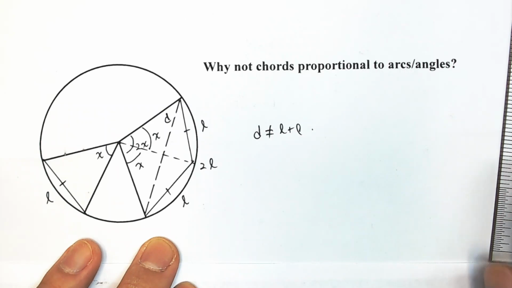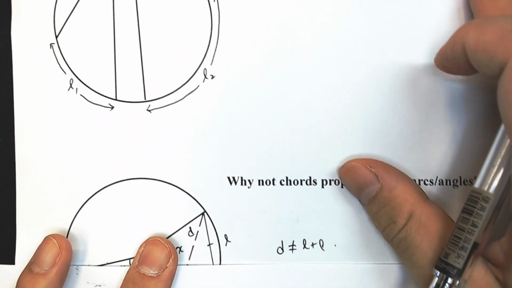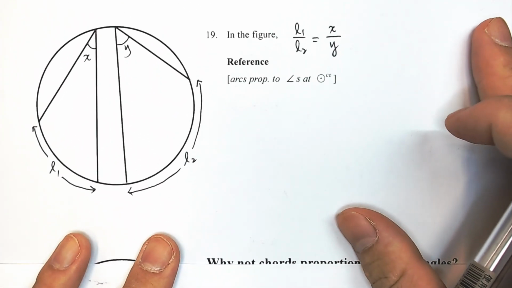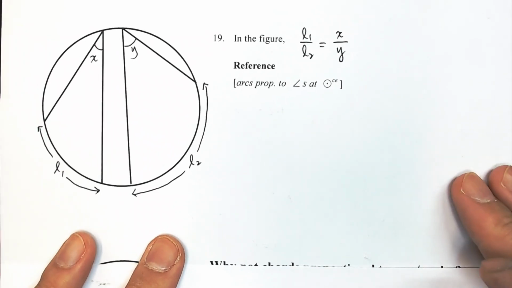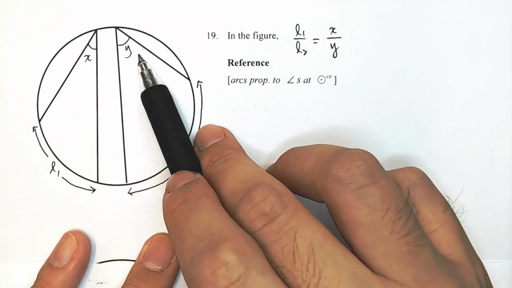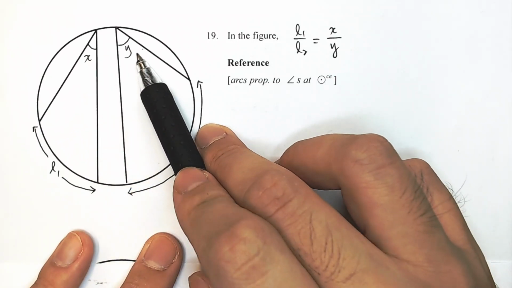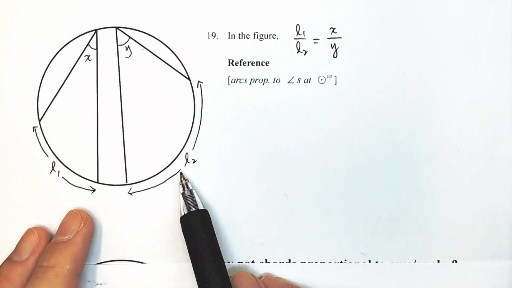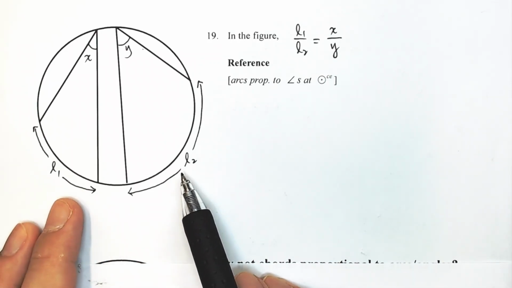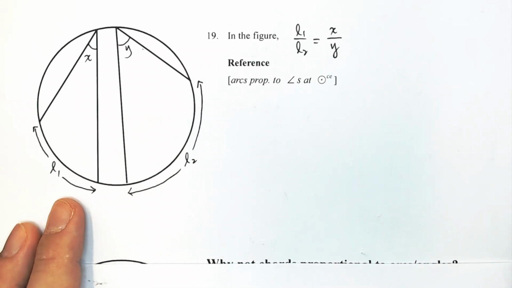And second, you may also think of whether we have the chord relation or angle relations with the angle at circumference. And yes, we have this kind of thing. If we have equal arc lengths, then we should have equal angles at the circumference.